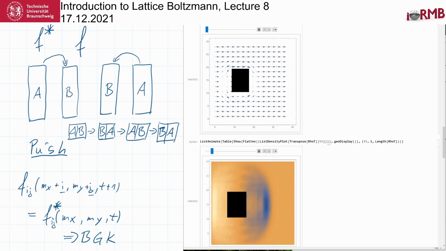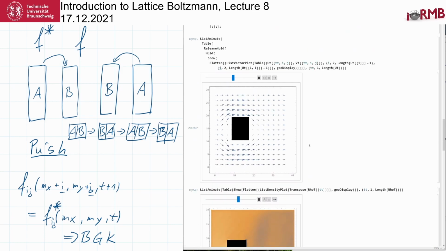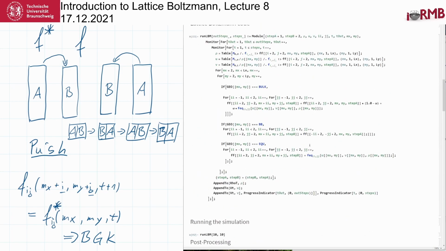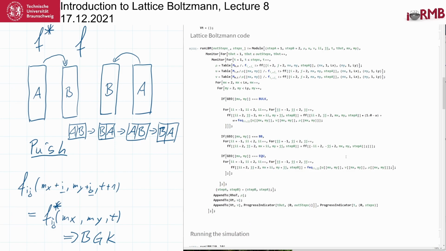Now we've fixed it, and we finally arrived at our Lattice Boltzmann solver that can also be run for longer time steps, but of course it's a slow code. So again, this here is the code that we finally came up with. Thank you very much for listening, and see you next year.